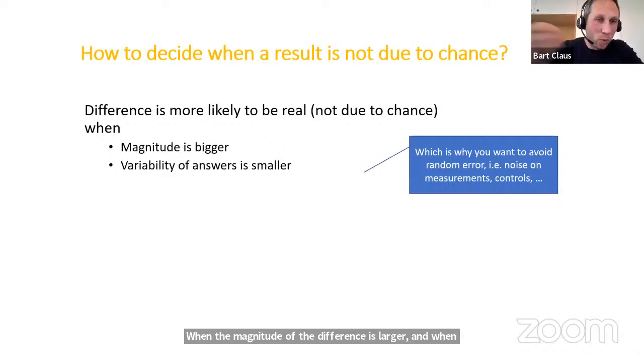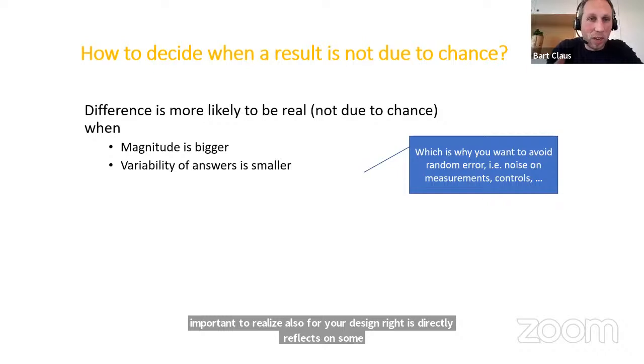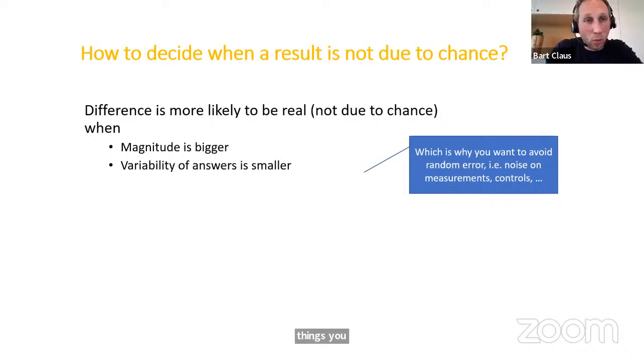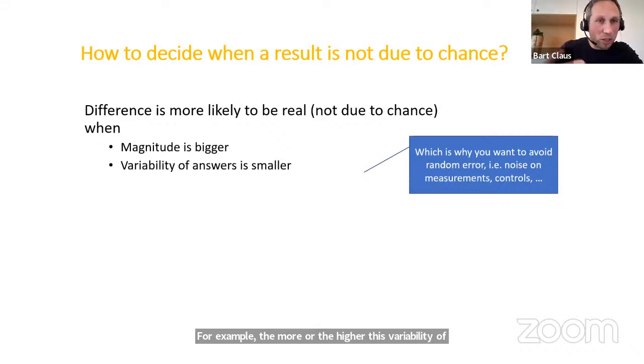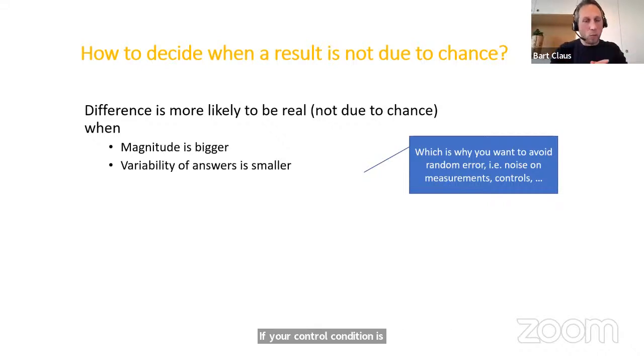Which is important to realize also for your design, right? This directly reflects on some things you need to consider for your design, because the larger the noise is on your measurements, the higher this variability of the answers is going to be, right? If your control condition is not really aligned with your experimental condition, again, there is going to be more noise, right?